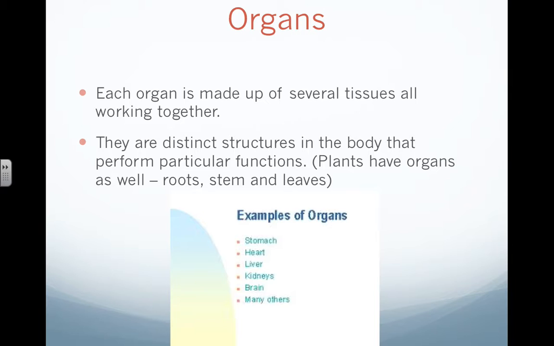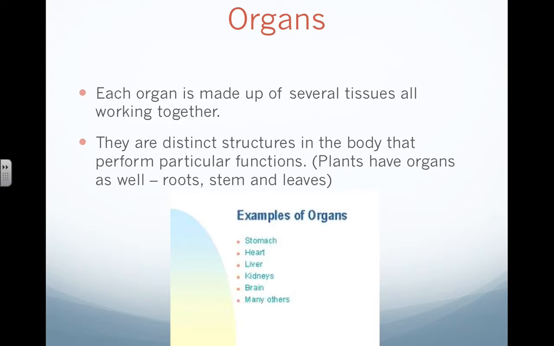So they're distinct structures in the body that perform particular functions. Plants also have these cells, tissues, organs and organ systems. We sometimes associate this just with animals and humans and multicellular organisms such as ourselves, but plants are very similar. They have organs: roots, stems, and leaves.